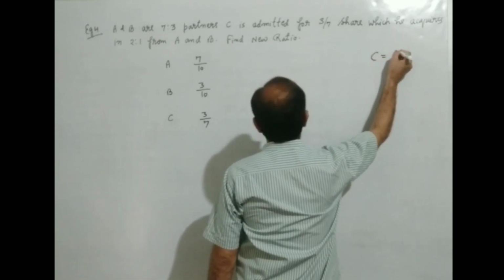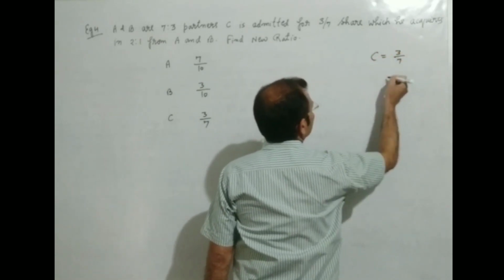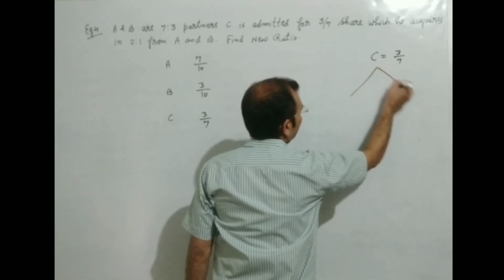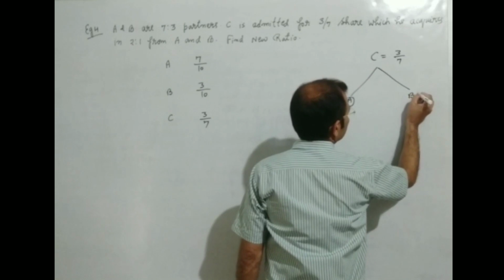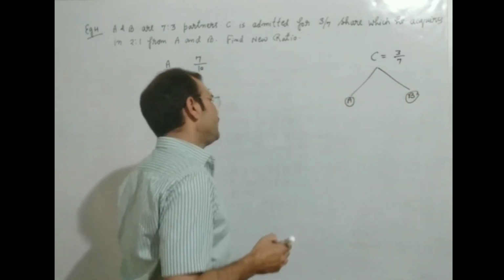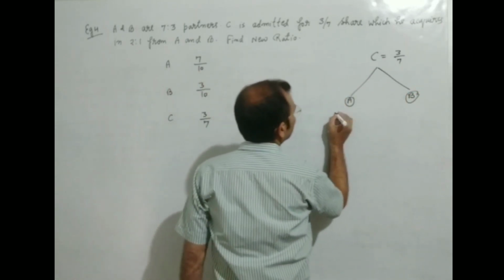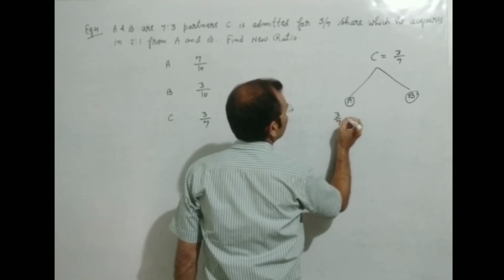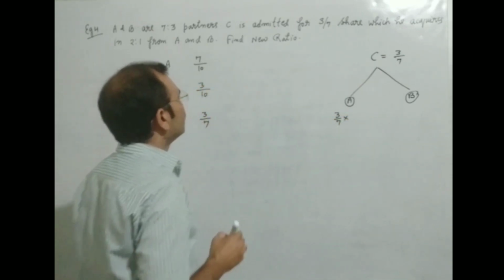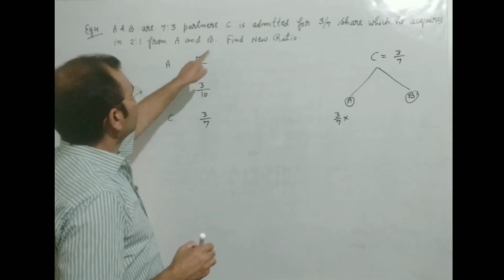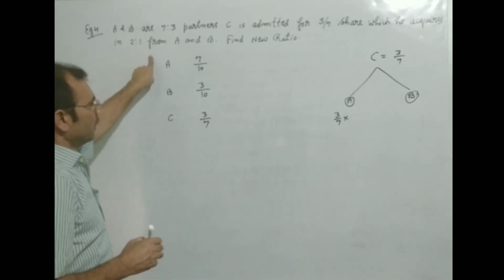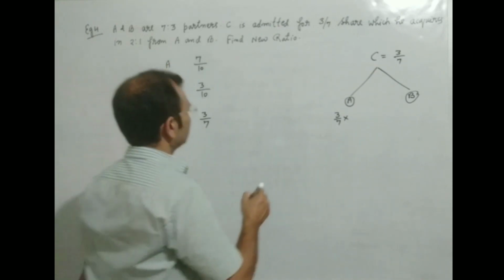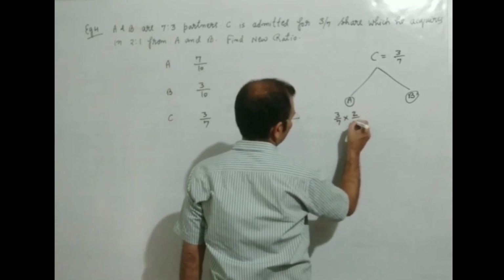C's part is 3/7. So A's part and B's part we will have to find. A's part will be 3/7, as it is written in the question in the ratio 2:1, 3/7 into 2/3.